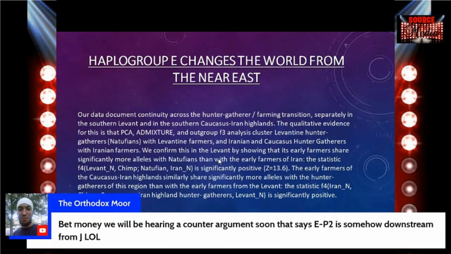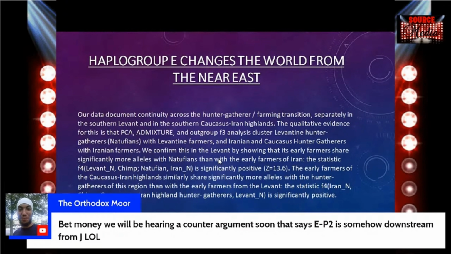We confirmed that in the Levant by showing that its early farmers shared significantly more alleles with Natufians than with the early farmers of Iran. The statistic F4 is significantly positive.